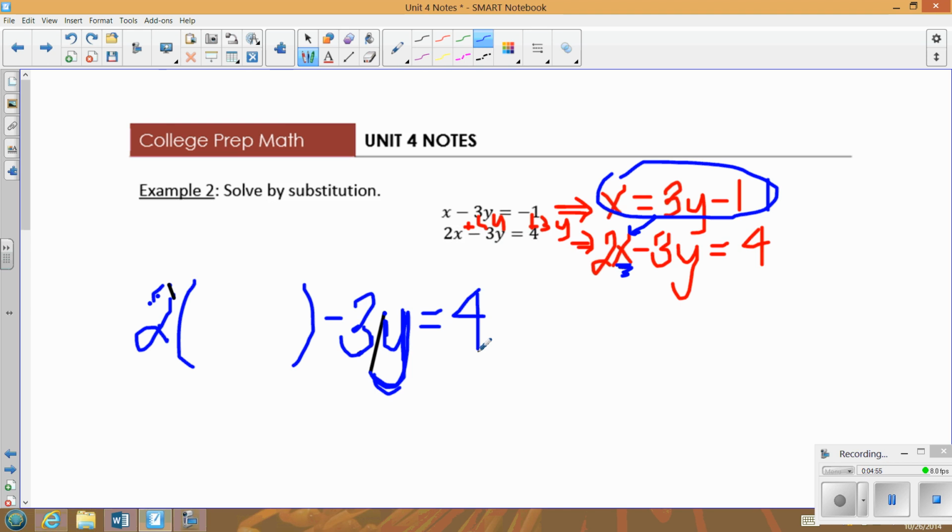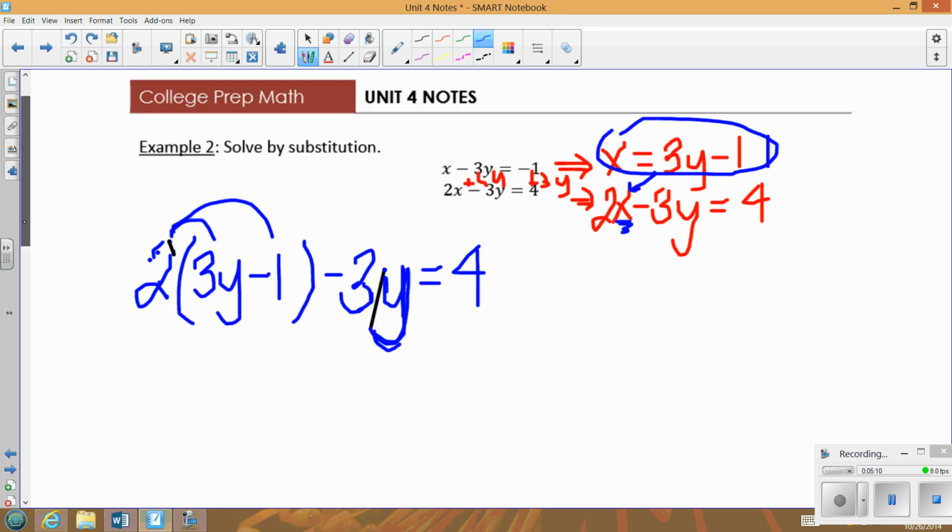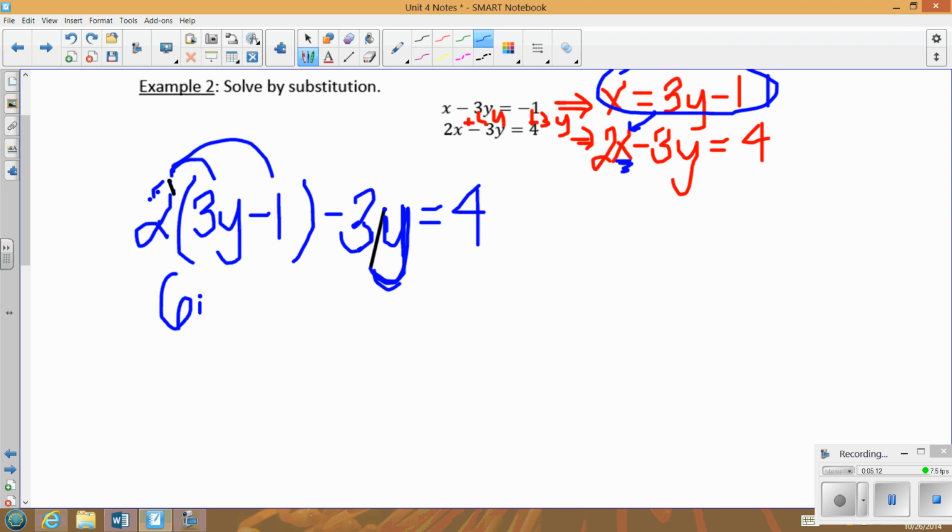I just copied the second equation, and now I'm plugging in 3y minus 1. Since I have a number in front of the parentheses, my first step is to distribute that 2. So I get 6y minus 2 minus 3y equals 4.